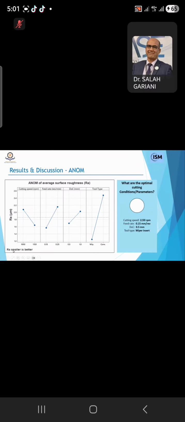Smaller surface roughness means better surface finish, so minimum is the best. So the optimal cutting condition recorded is 1150 cutting speed, 0.15 feed rate, and 0.5 depth of cut with the wiper cutting tool.